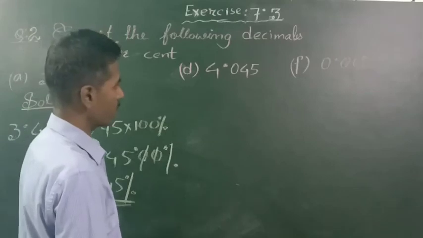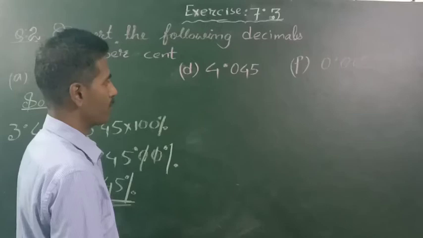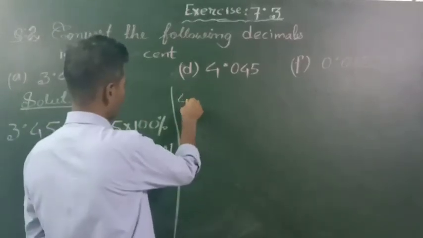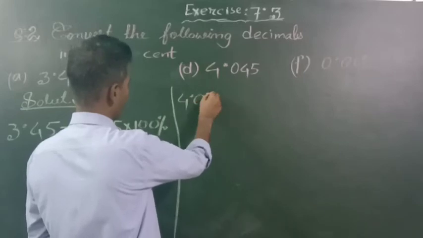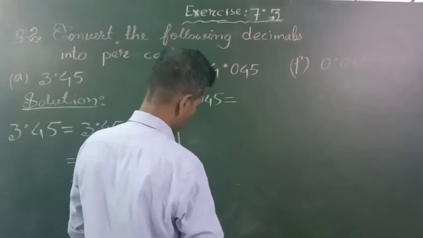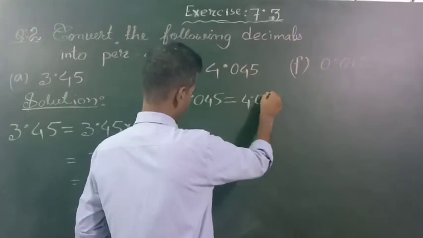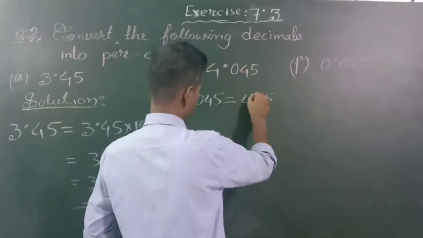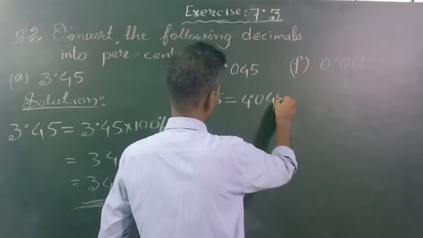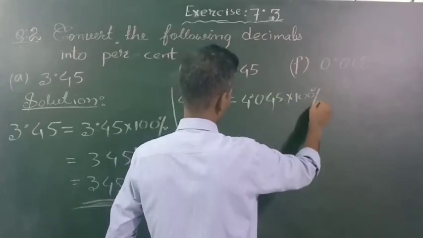Now the next question, that is 4.045. Same. In order to convert into percent, we have to multiply by 100%. 4.045 into 100%.